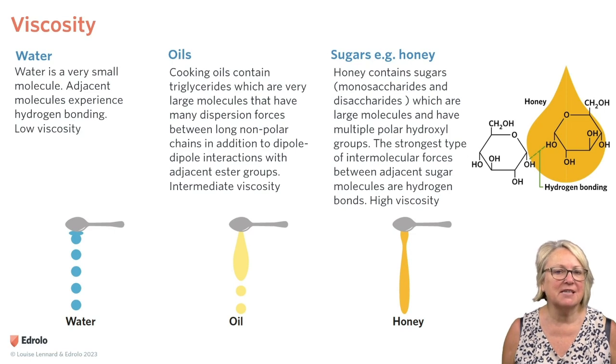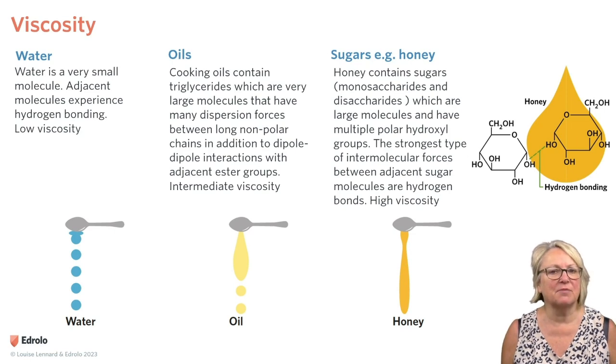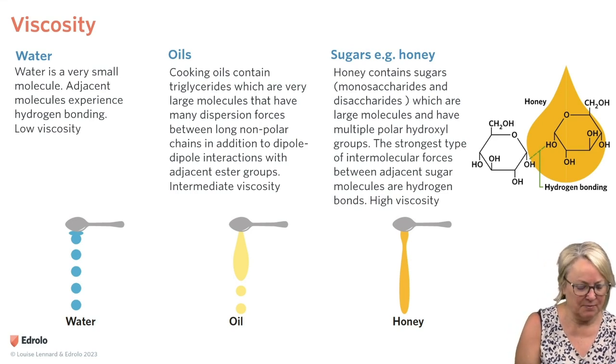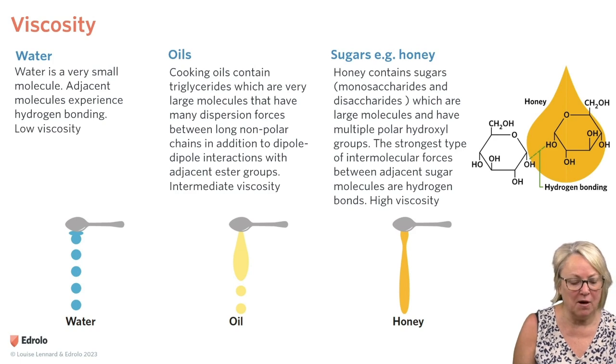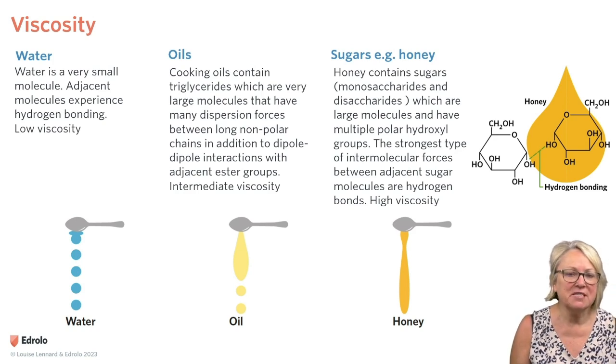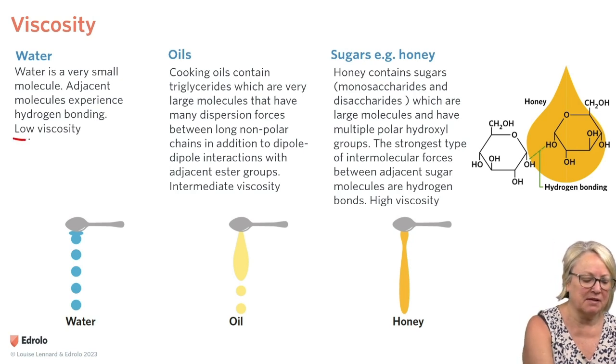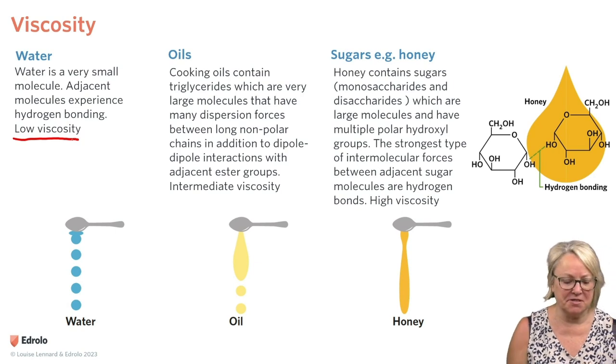So viscosity is the resistance for a fluid to flow. Water is a very small molecule, and although adjacent molecules have hydrogen bonding between them, it has a relatively low viscosity.